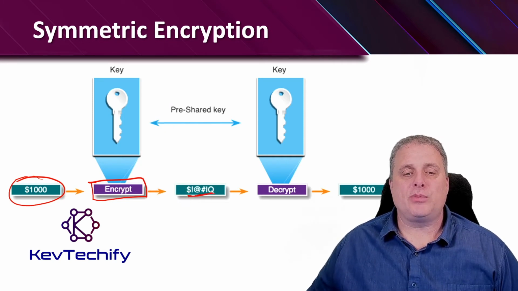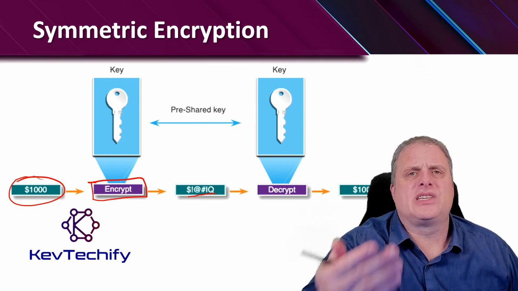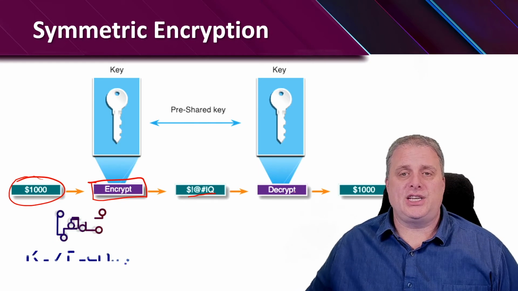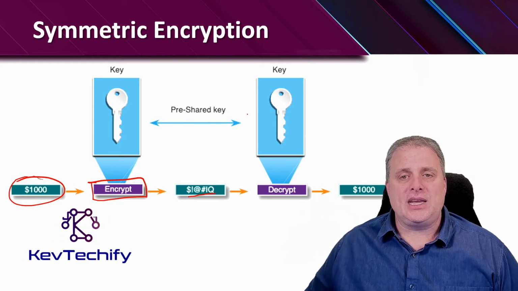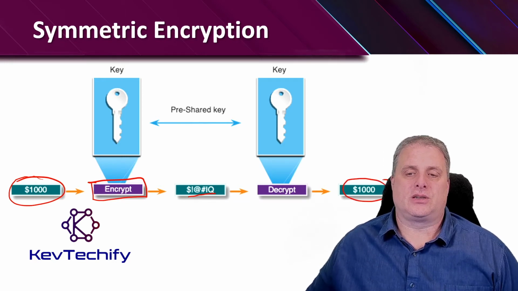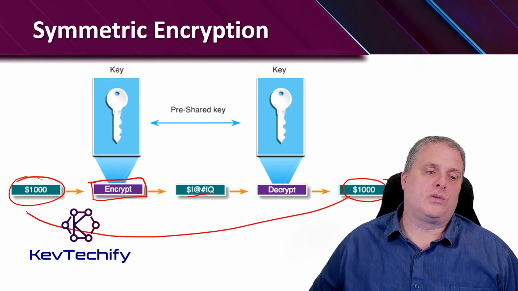So if somebody was able to intercept the data and look at it, they wouldn't be able to decipher the message that was inside of it. Once it reaches the destination, we use that same key again, that same pre-shared key, to decrypt the data, and now we can actually see what the message is. And it's the same message that we started with way over here.